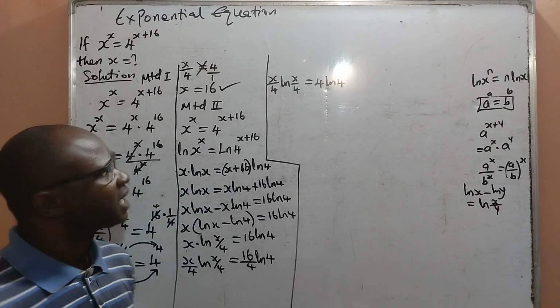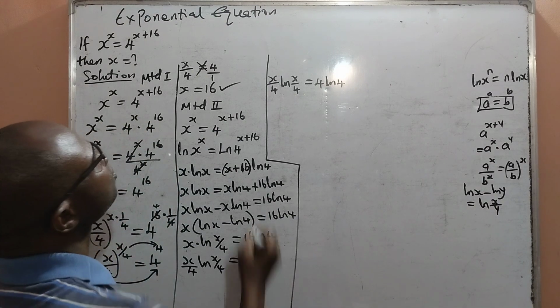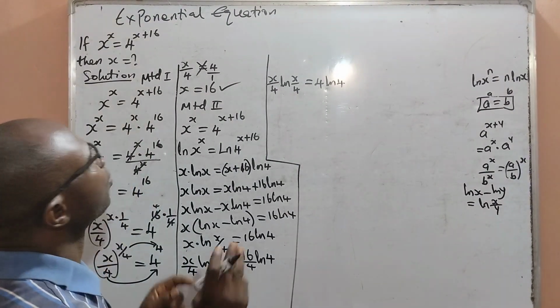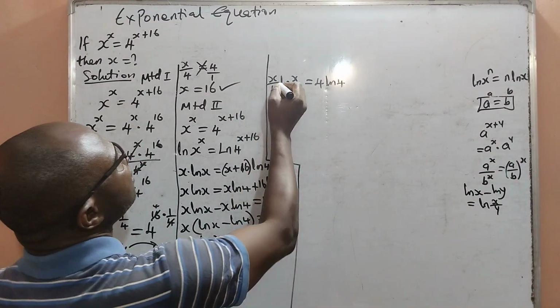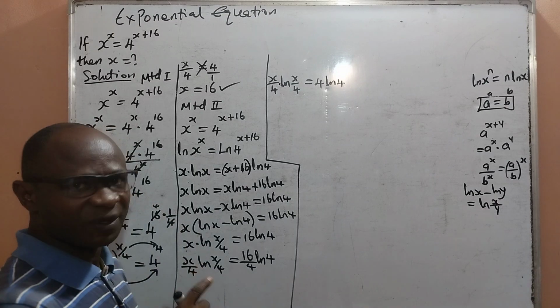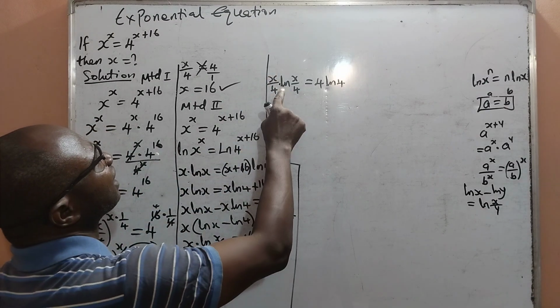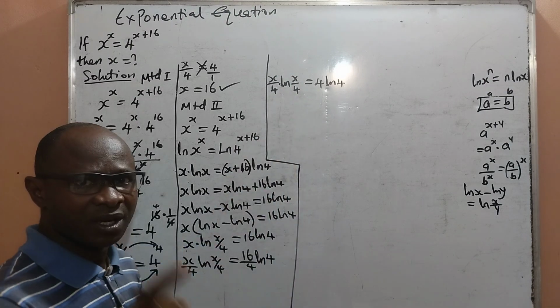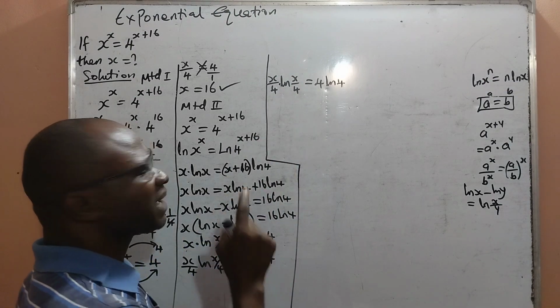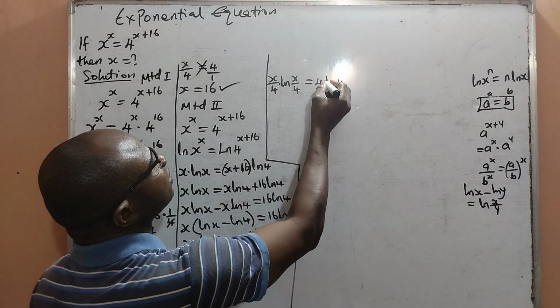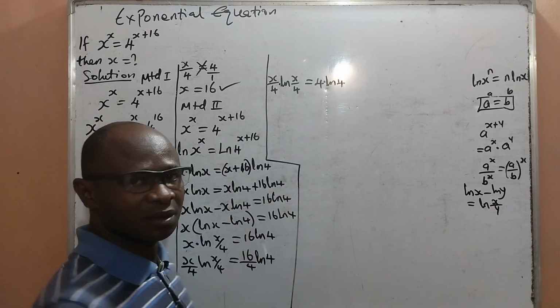Very good. At this point, I want you to look very well and see what I will do. What is very common here, you can see that x over 4 is multiplying ln of x over 4 on the left hand side. Also on the right hand side, 4 is multiplying ln 4.